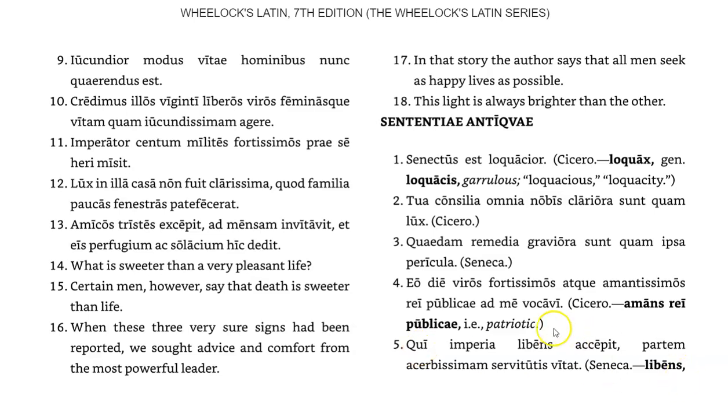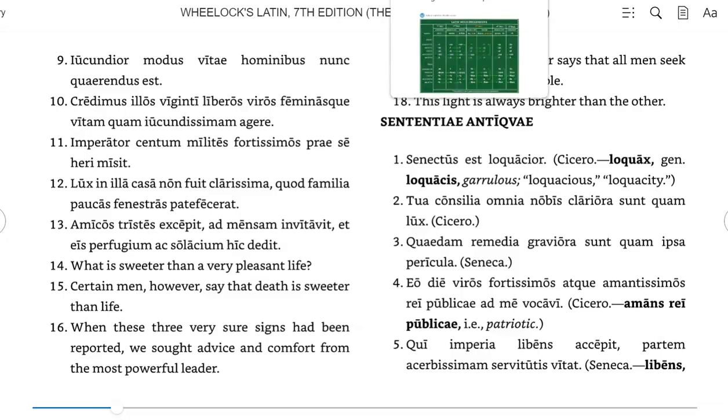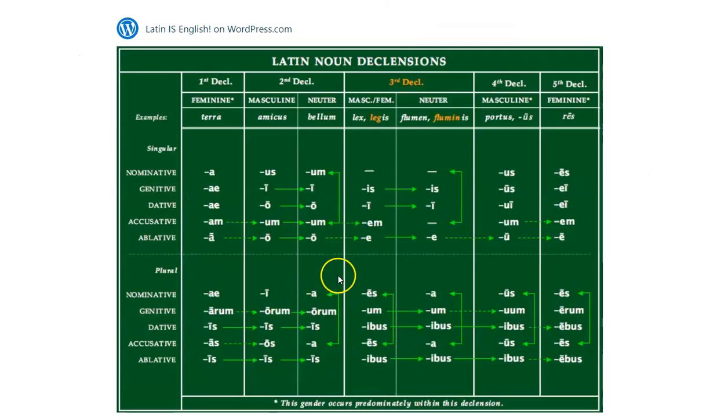So whoever willingly has accepted power avoids, the most acerbic part. So partem is third declension accusative singular. So there's our em. So the most acerbic part. So there's our accusative direct object.